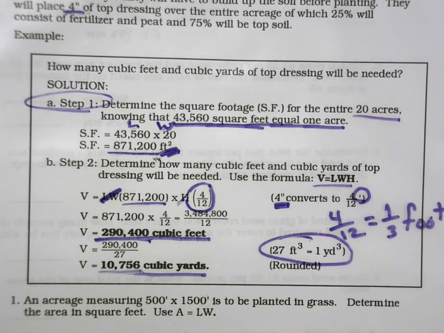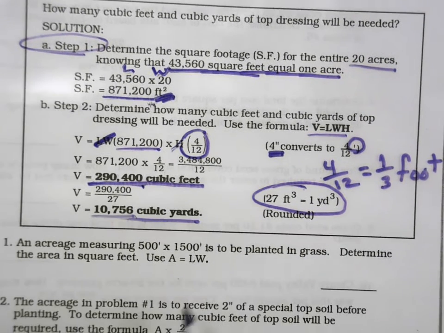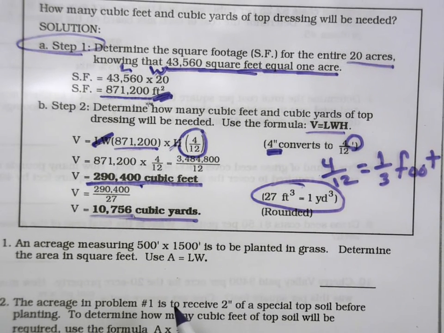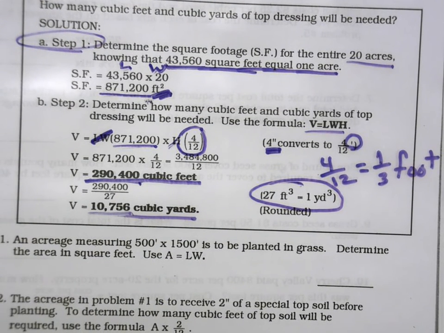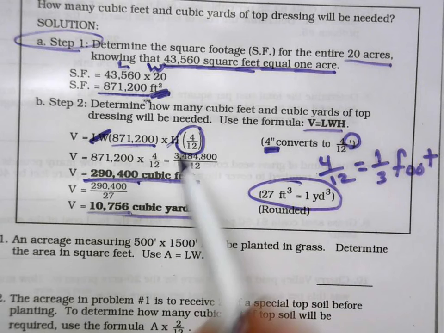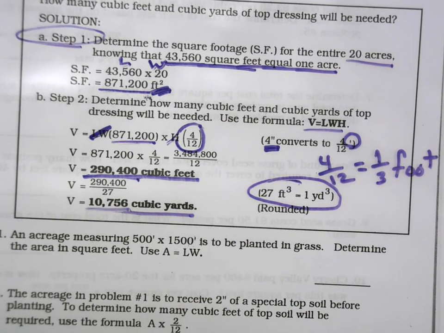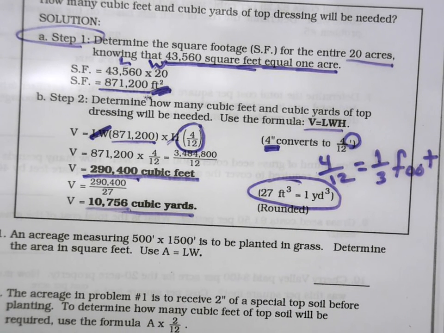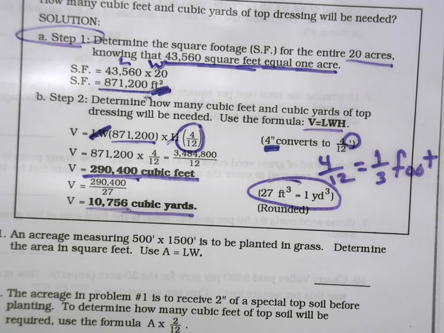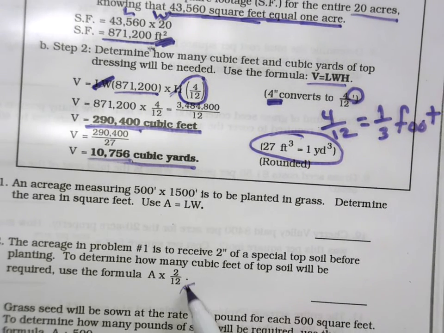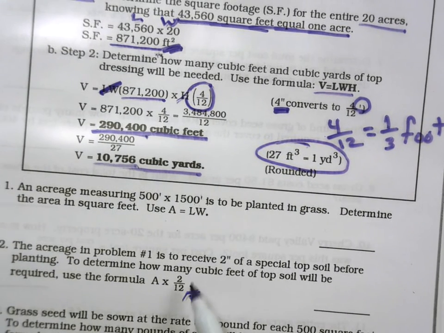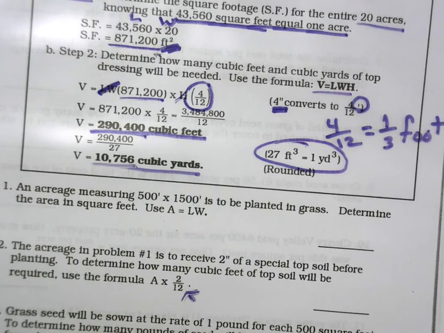So be sure that you read the problems and make sure you're using the same units. If it says 4 inches deep, then make sure that you convert it to feet, however many inches out of 12, before you use it. Here for number 2, they kind of remind you to use 2 out of 12.